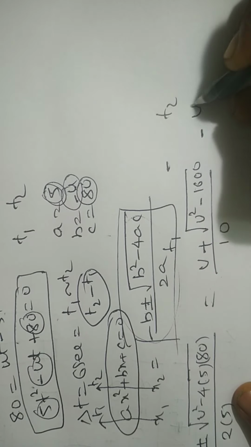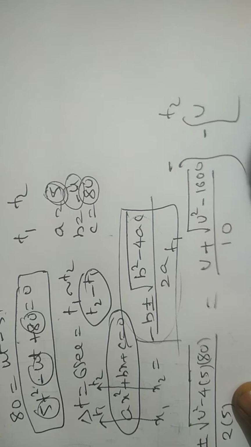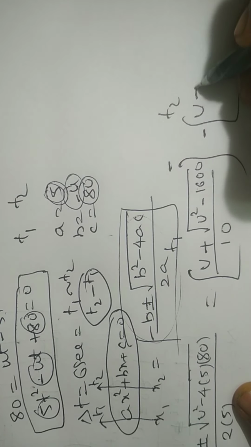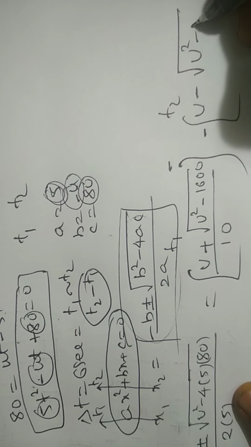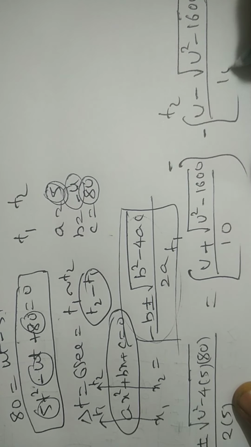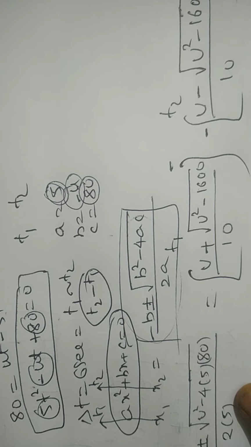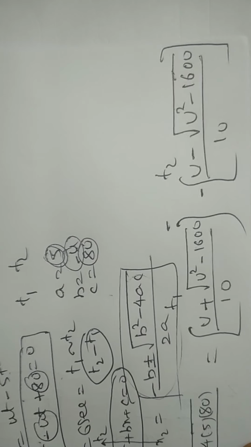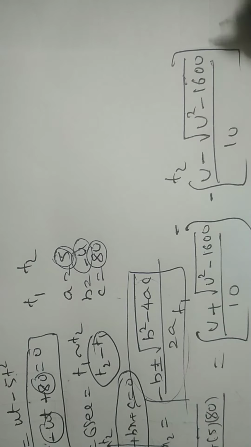If you write this in brackets, u minus root over u square minus 1600 by 10. If you solve this equation, you will get the answer. You have to equate this to 6. Okay, that's it.